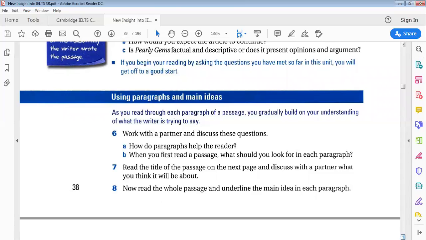So paragraphs help them by sequencing, and help by keeping the reader from deviating from one point to another, so the reader can understand the full context of those paragraphs. When you first read a passage, what should you look for in each paragraph?